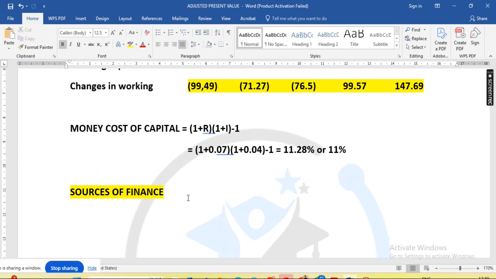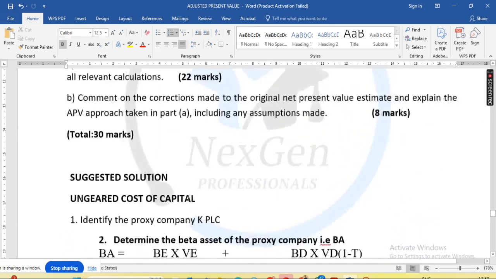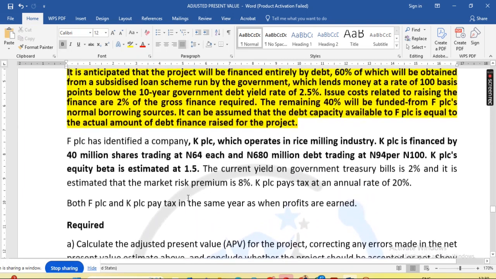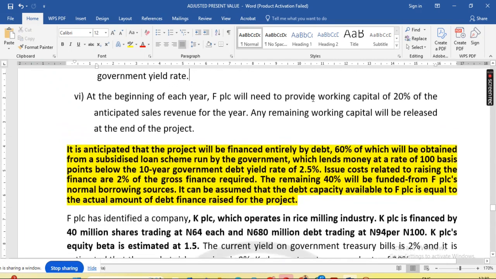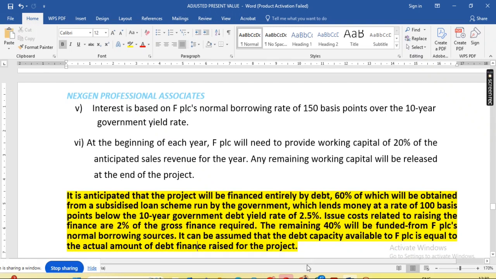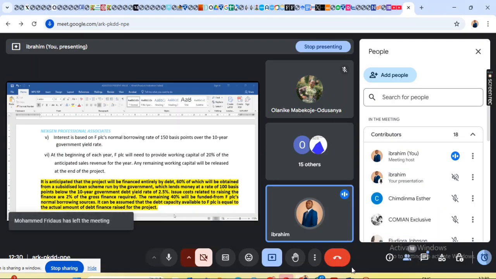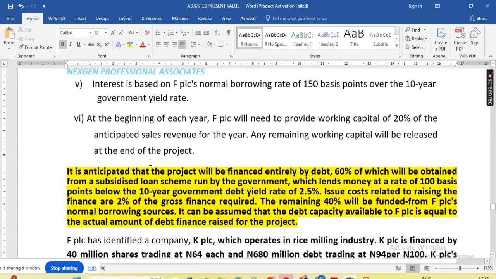So now let's quickly go back to the question and check the sources of finance. We'll just read the part on financing effects. This highlighted in yellow is the part on financing effects, right? Then we also have the normal borrowing rate of 150 basis points. Now, it is anticipated that the project will be financed entirely by debt.